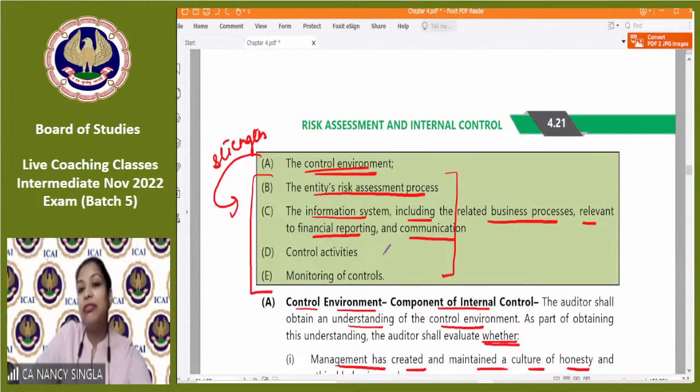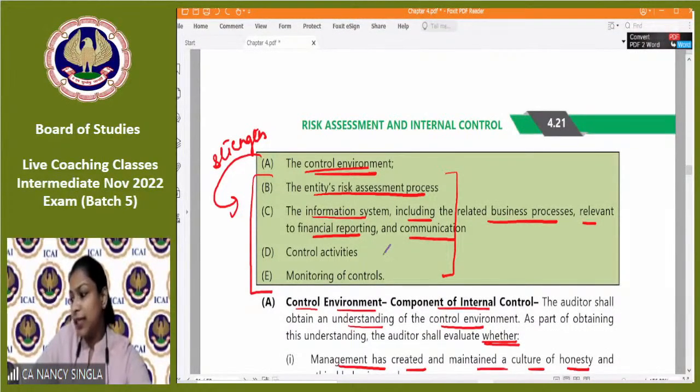So these are the 5 components. I hope the first 3 components are clear to you. I'll just wait for 5 or 10 seconds, then I'll start the balance 2 components.